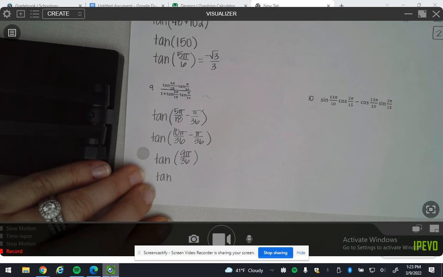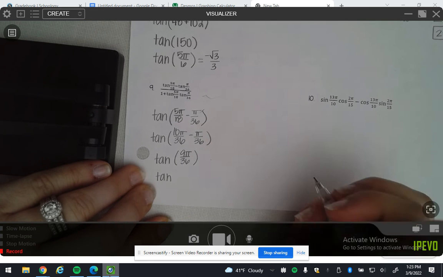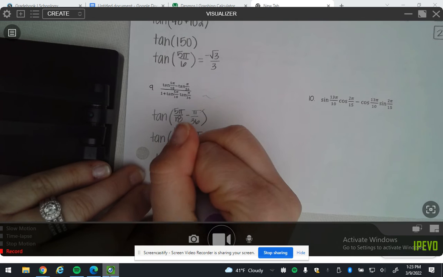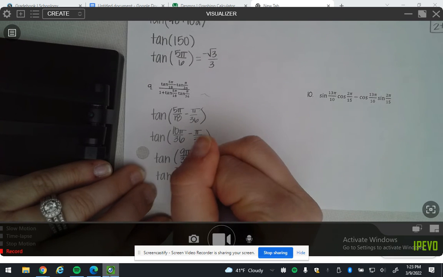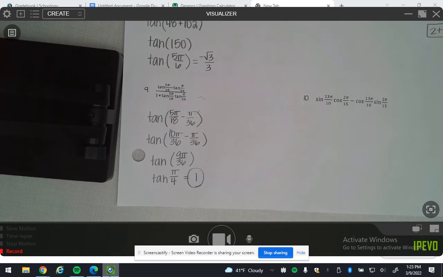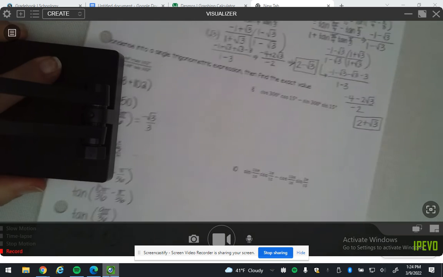How many times does 9 go into 36? Say it. I thought I heard it. 4. What's the tangent of pi over 4? 1. See? Just got to work backwards.